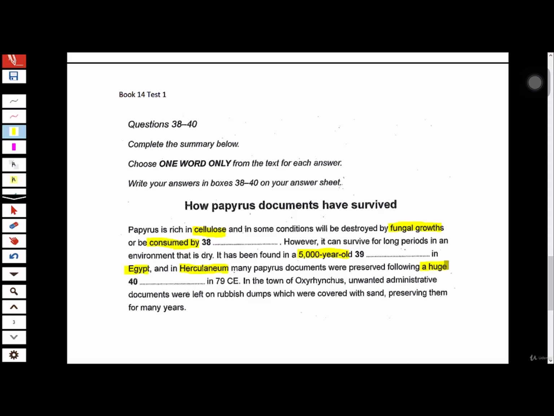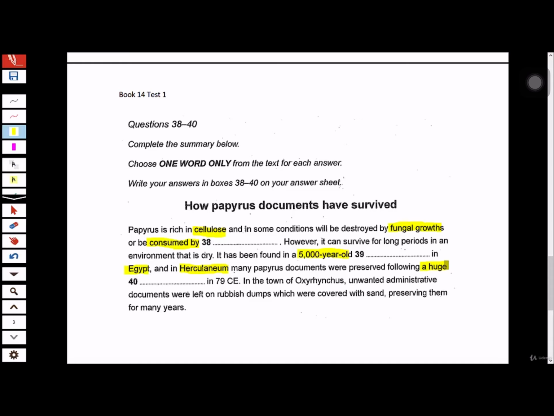That means the answer is going to connect directly to that language. So our job, now that we have our keywords identified, is to move forward with locating that information. Before we do that, let me give you some really good strategy advice.